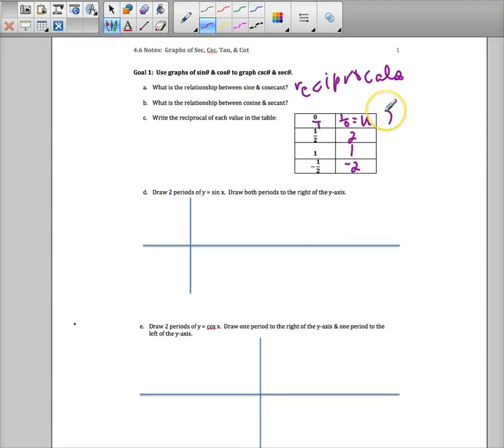So remembering this relationship, let's graph sine so that we can graph cosecant. The instructions state draw two periods of y equals sine x, both to the right of the y-axis. This is y equals 1 sine of 1x.